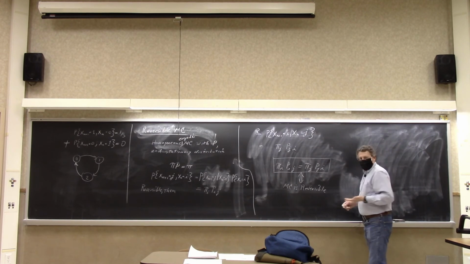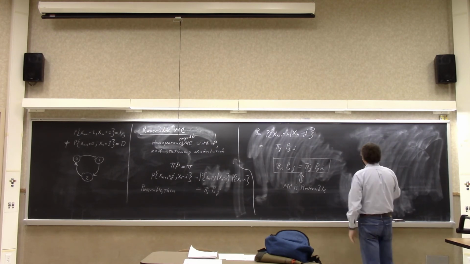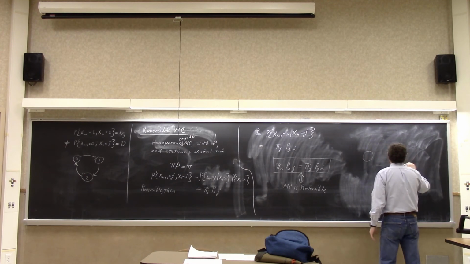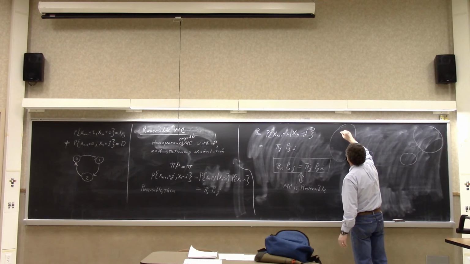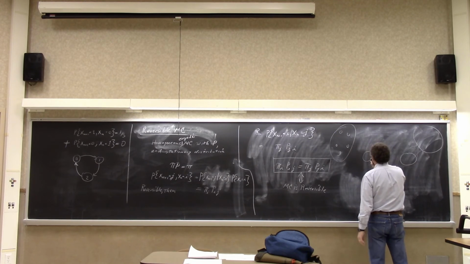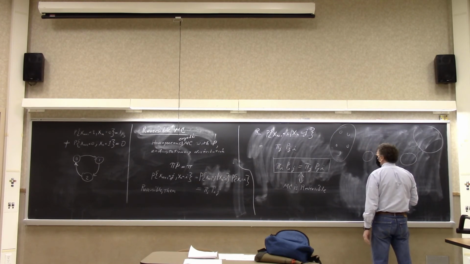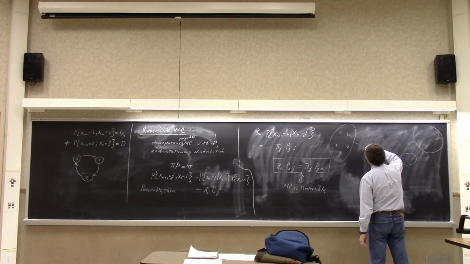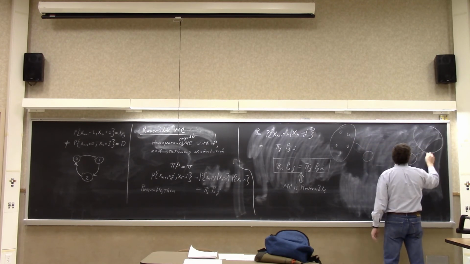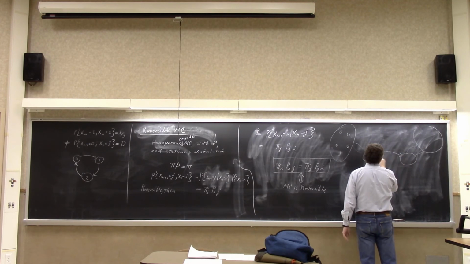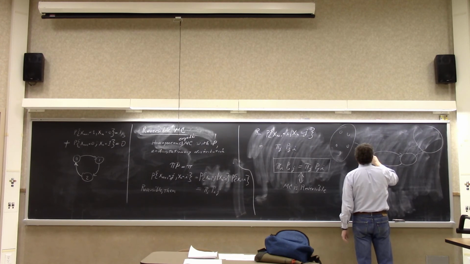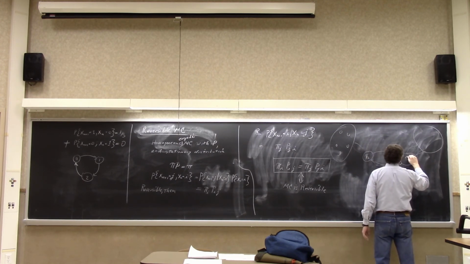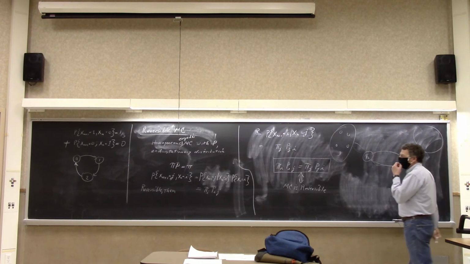But what's the interpretation of this? The interpretation is that if I have two states, i and j, and here are all the rest of the states, there's some probability pi_i and pi_j.